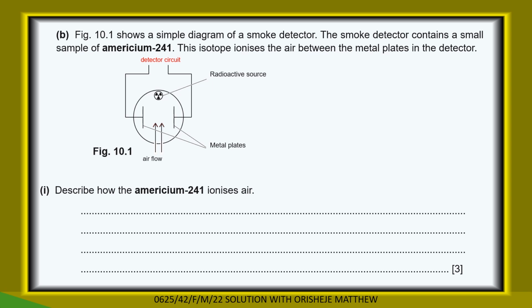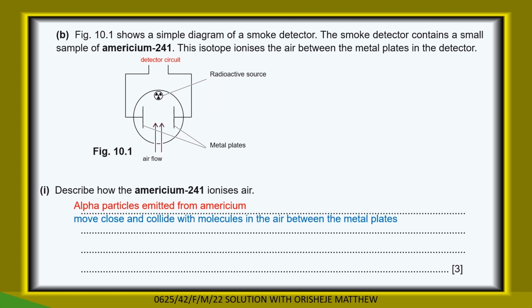First, an alpha particle is emitted by americium, and as it travels through the air, it collides with the molecules of air between the plates. As they collide, the collision will knock the outermost electron out of the molecule.